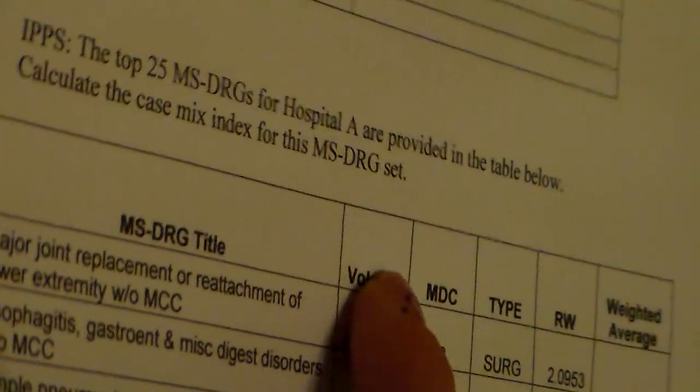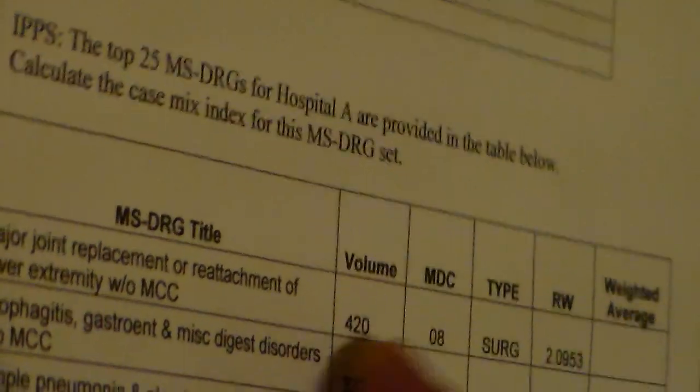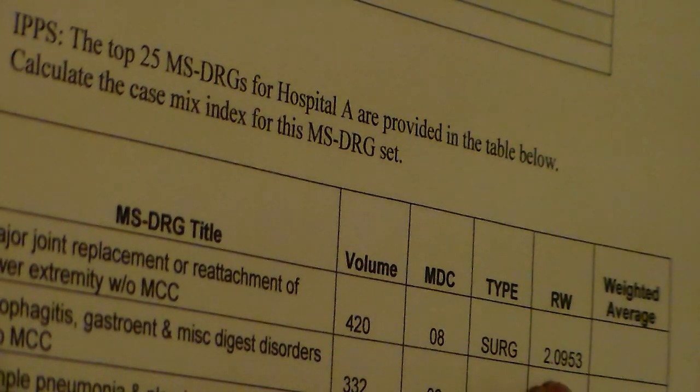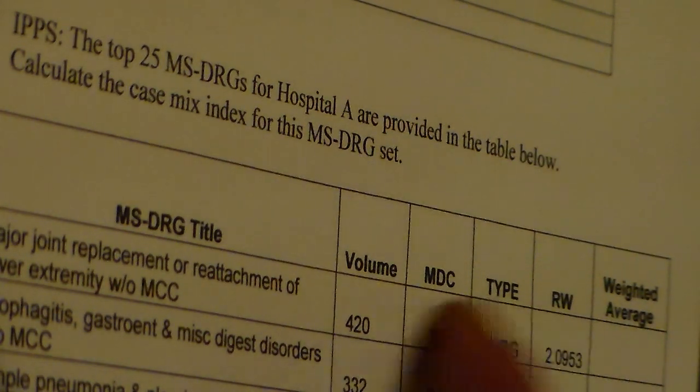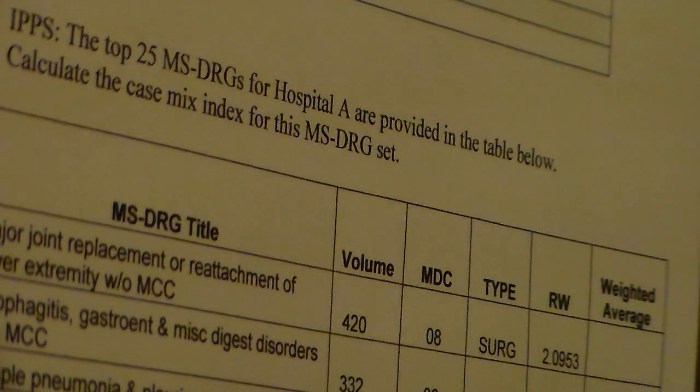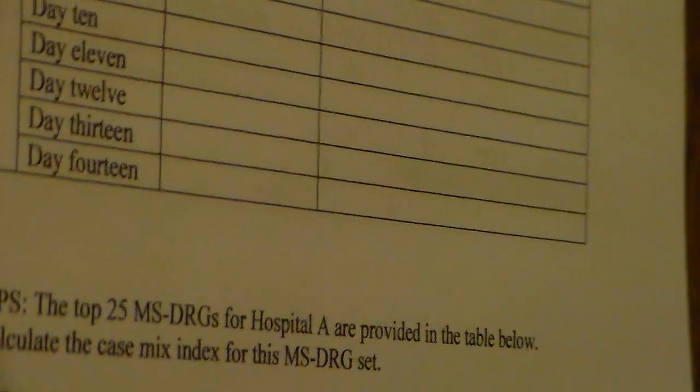For the first one, you're taking the 420, which is our volume, multiplying it by the relative weight of 2.0953, and that will give you the weighted average. For this first one, it is 880.026. And you're just going to carry through for each and every one of the 25 DRGs.